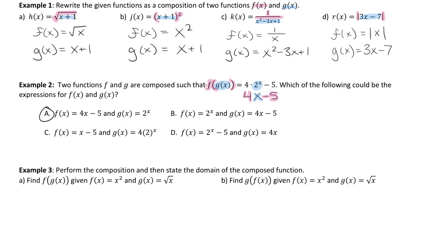As a little bonus, because we're still learning, what would it look like if C was the correct answer? If we're going to take the g of x function and plug it into the f of x function, what would that function look like?